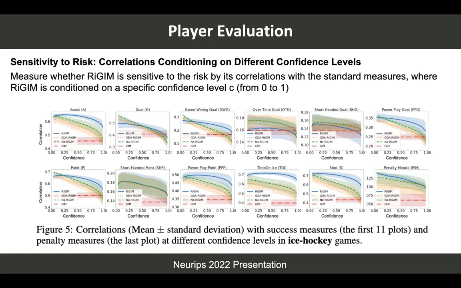Standard metrics only care about the players who do good actions, like scoring the goal, taking a shot. So I think standard measures correlate with risk seeking because they only care about good actions. The fact is, on all these websites they only have these good action statistics.